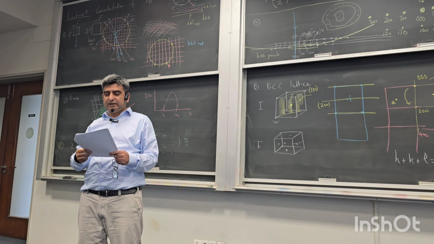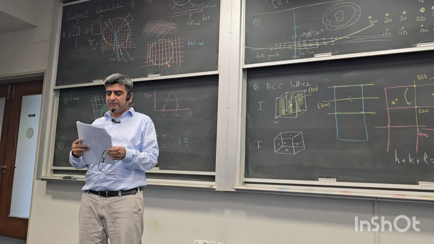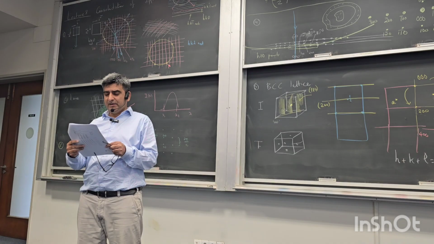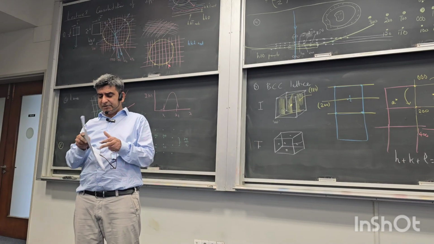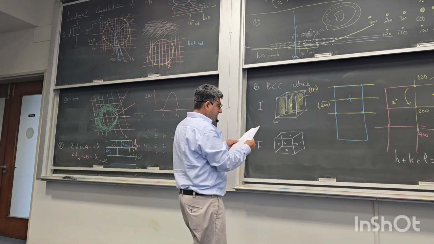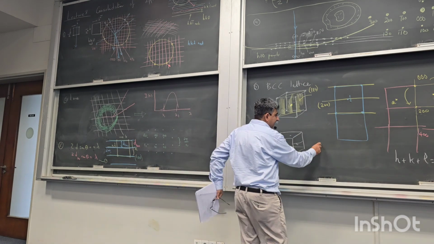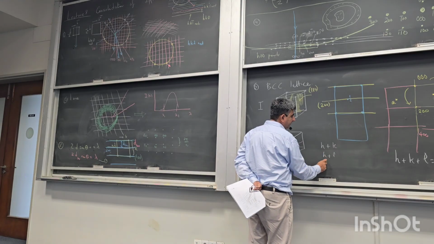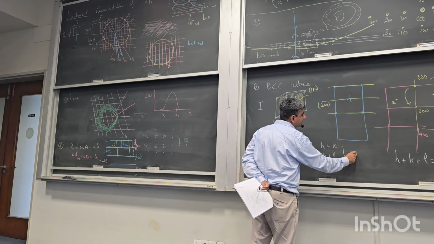And if you look at the reflection conditions that have been specified for the space group Fm3̄m, next page, the reflection conditions are mentioned here. They are mentioned that H plus K, H plus L, K plus L, each one of them is equal to 2n.